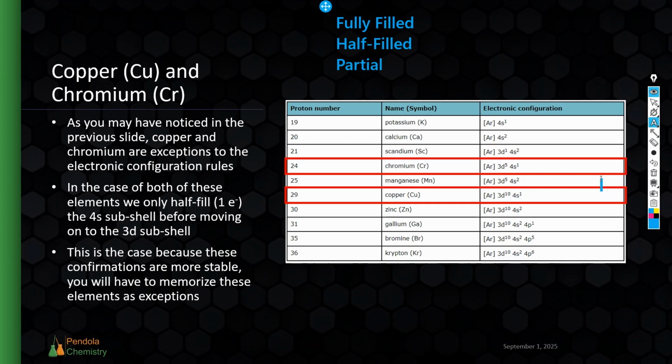And then partially filled is the lowest of the three. So again, this is going to be the order of stability. As we move up, they become more stable. All right. And this is something that you need to remember because it is the explanation for a lot of things in chemistry.